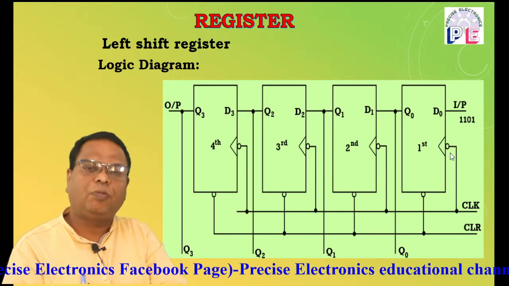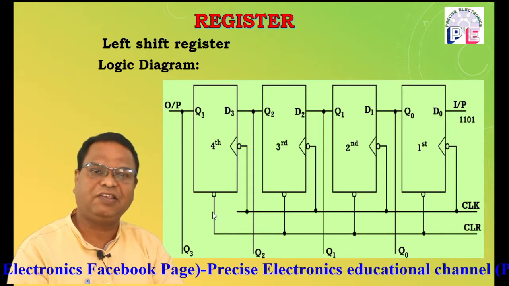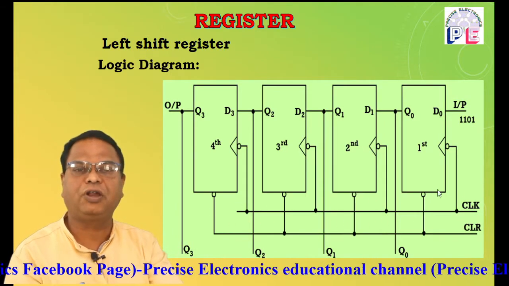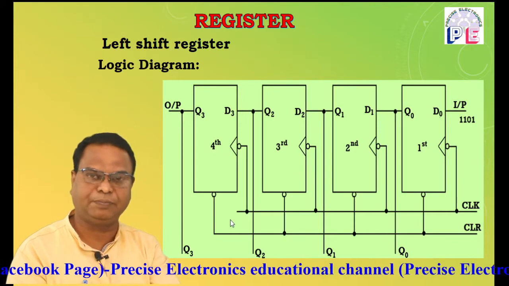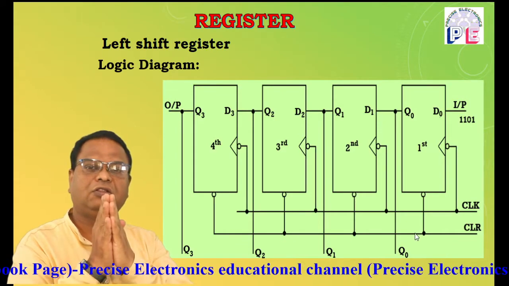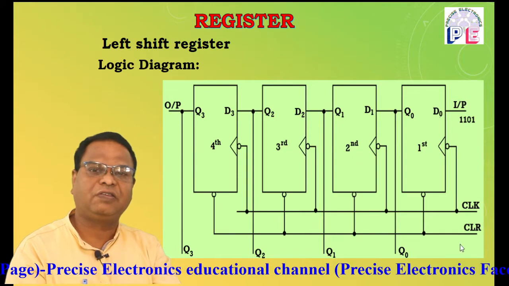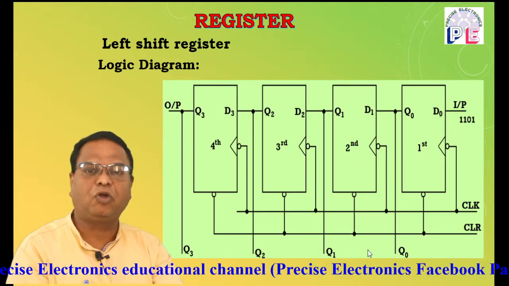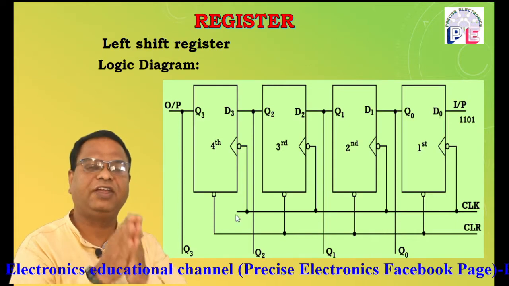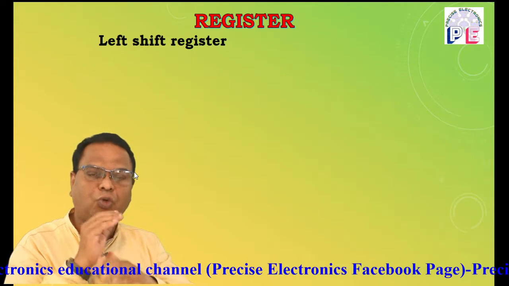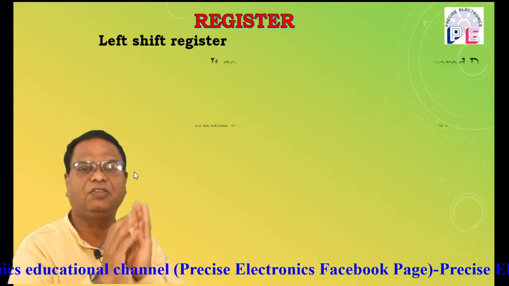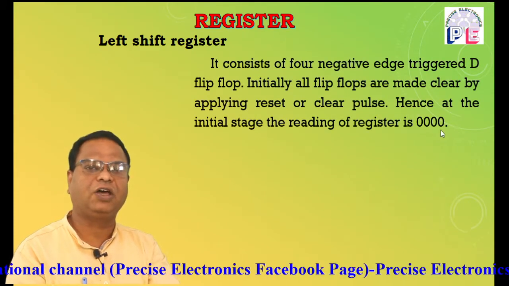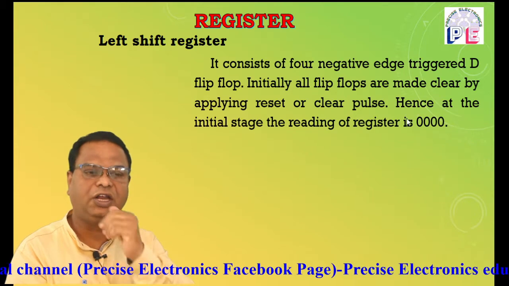All flip-flops are clocked simultaneously because the clock pulse is applied to the clock input terminal of all flip-flops at a time. Then the reset or clear pulse is used to reset the flip-flops. So at the initial stage, the output of the register may be 0, 0, 0, 0. So all flip-flops are in reset mode or clear mode.